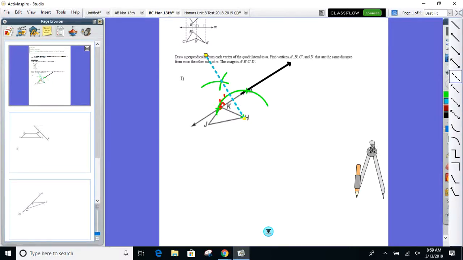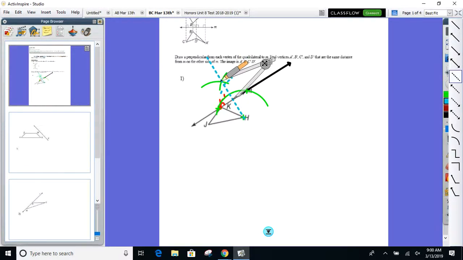So we can take our compass, measure the distance from H to the line, and copy that distance on the other side.